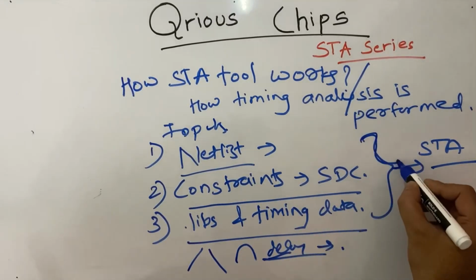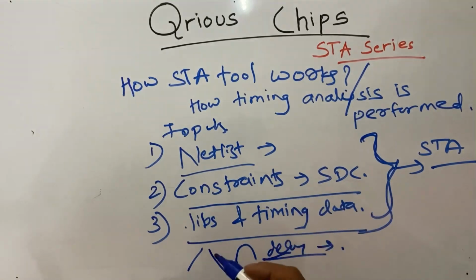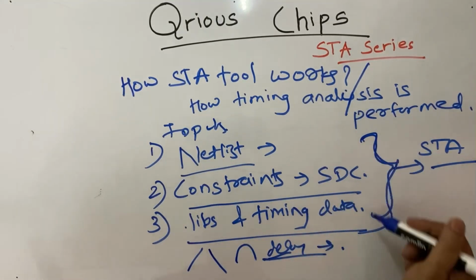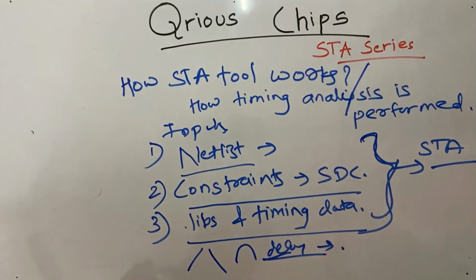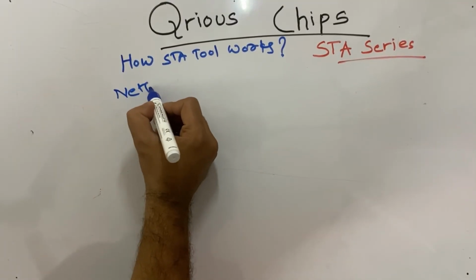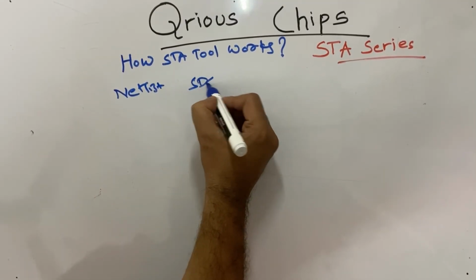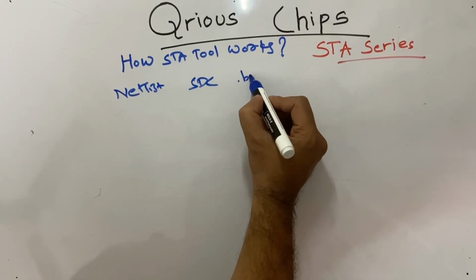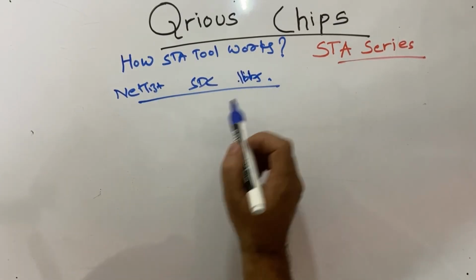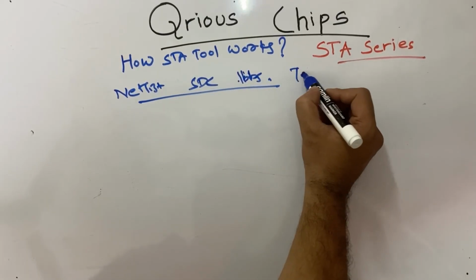But when we give these inputs to the tool, what does it do after receiving them? Let's go ahead. So now that you have the netlist, SDC and .libs of the design, and now you have the tool as well.